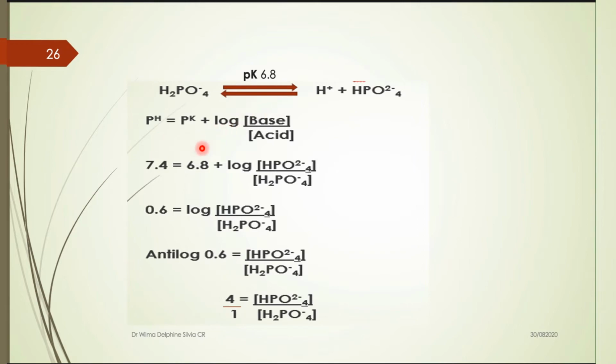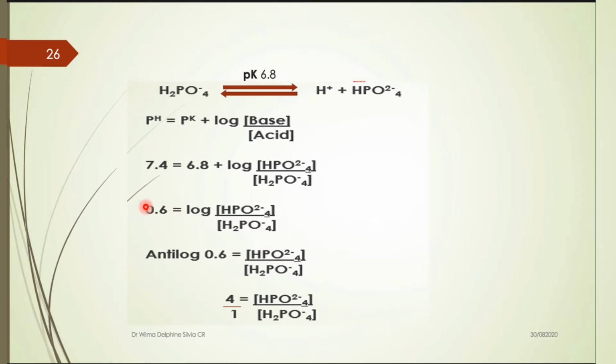Here we have the Henderson-Hasselbalch equation. Let us find out the ratio of base to acid in this buffer system. The pH of the reaction is 7.4, that is arterial blood pH, and the pK of the reaction is 6.8. So when you simplify this, we get 0.6 is equal to log of base, that is monohydrogen phosphate, to dihydrogen phosphate.